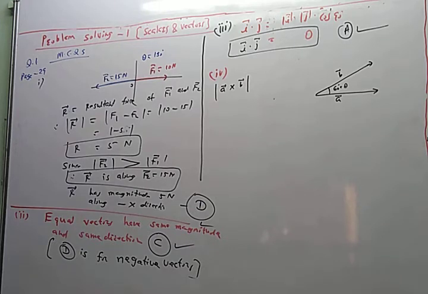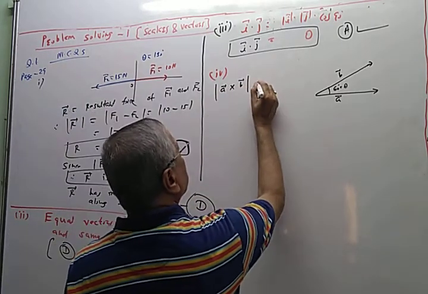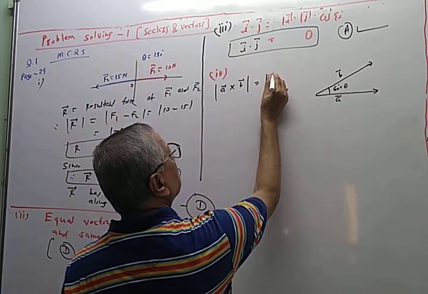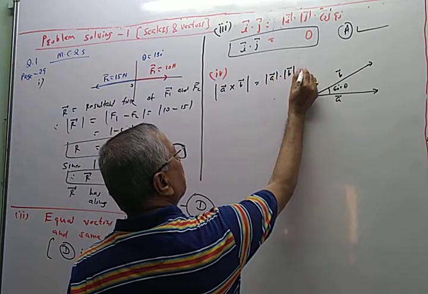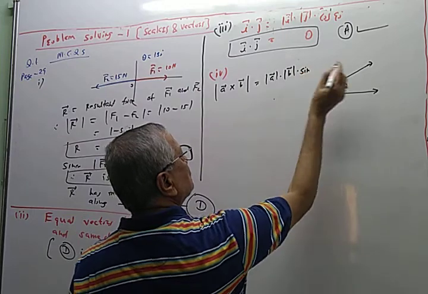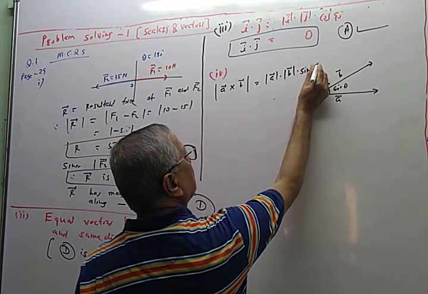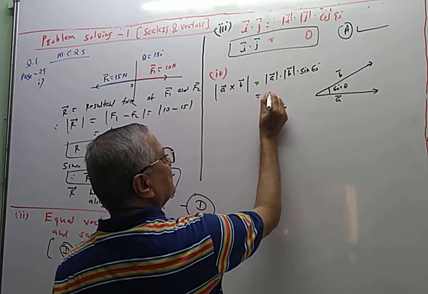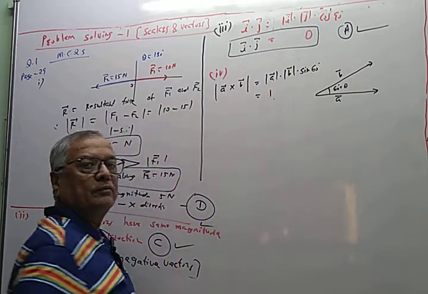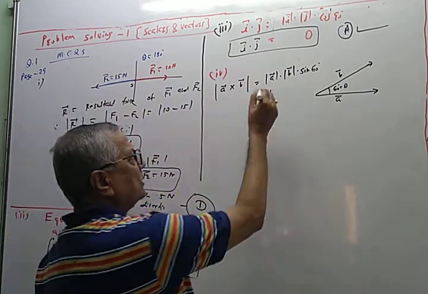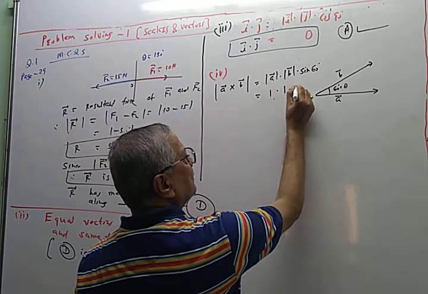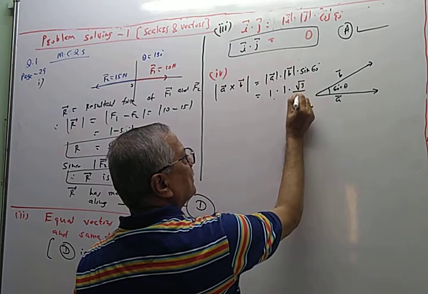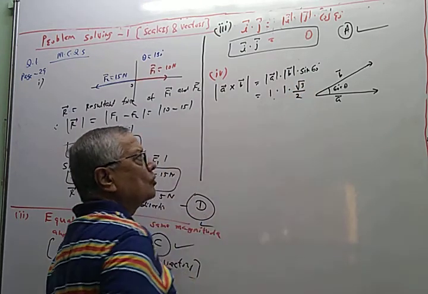These are the unit vectors. So it is given by the magnitude of the first vector multiplied by the magnitude of the second vector multiplied by the sine of the smaller angle between them, 60 degrees. So the first vector is a unit vector, meaning its magnitude is 1. The second vector is again a unit vector, magnitude is 1, and sine of 60, we know from trigonometry, is equal to root 3 by 2.